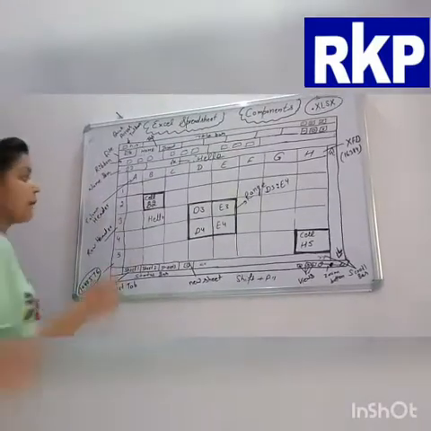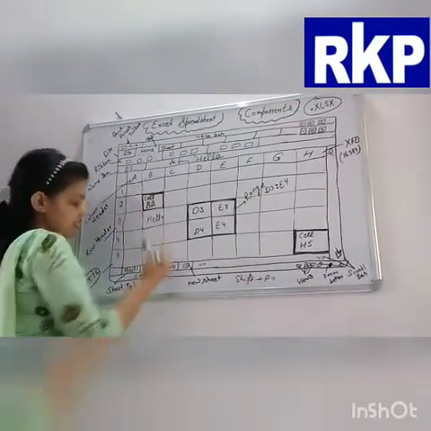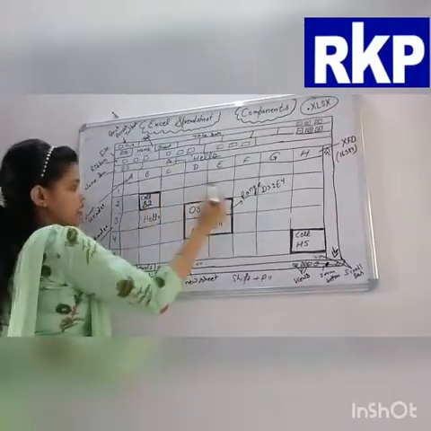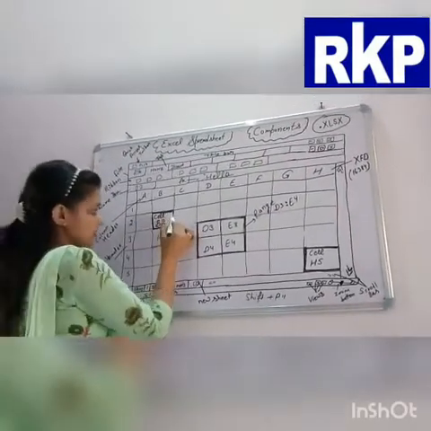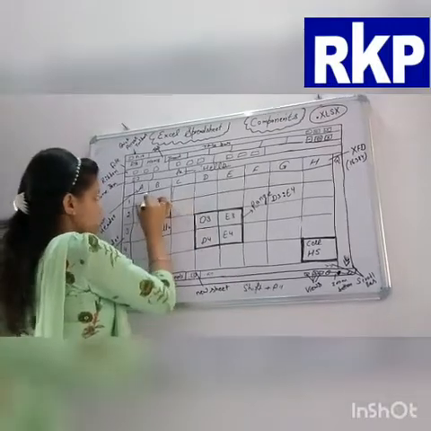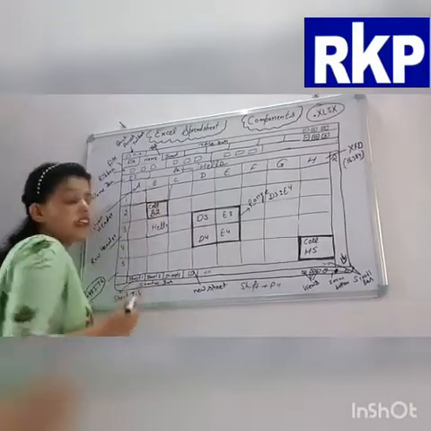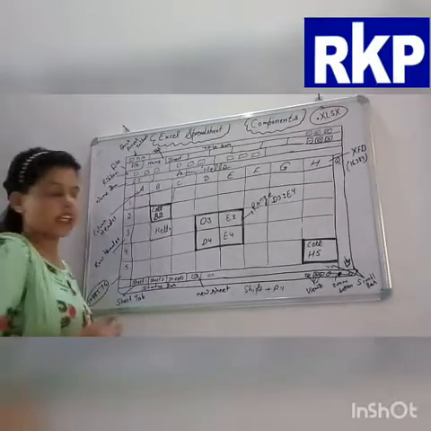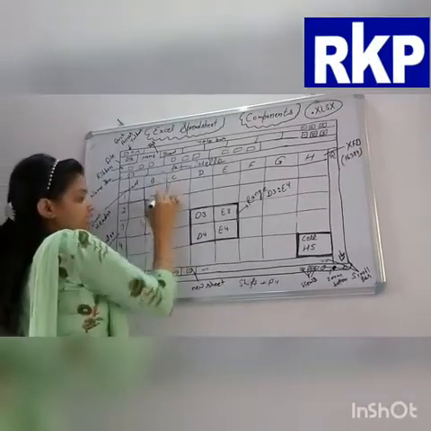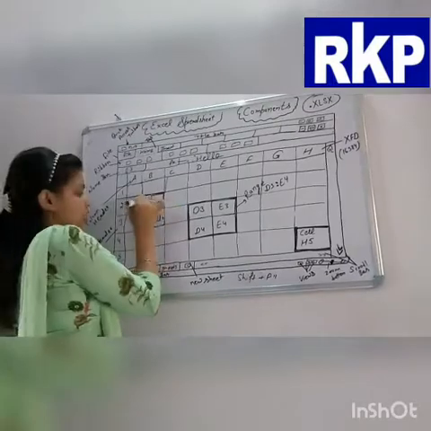Now students, the intersection of vertical columns and horizontal rows is called a cell. So this is a cell, this one is also a cell, this one is also a cell. Now how can you give a name to a cell? First of all, check which column and then check which row.